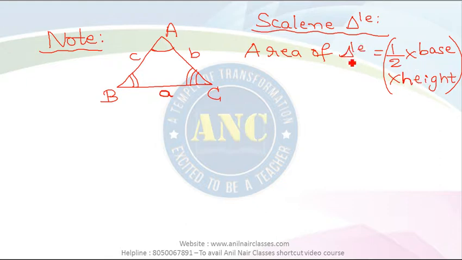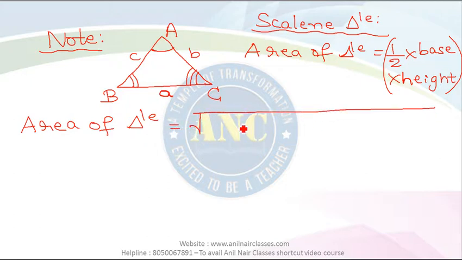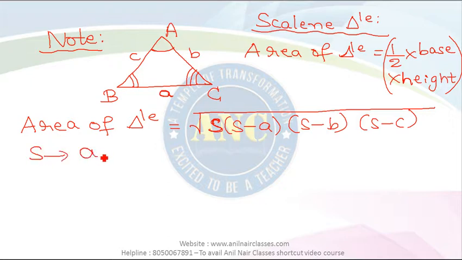Another way of finding the area of a triangle when it is a scalene triangle, the general way, is this. Area of triangle ABC, if all the three sides are given and if we can find the perimeter of that triangle also, is square root of s into s minus a into s minus b into s minus c, where this s is known as the semi-perimeter.